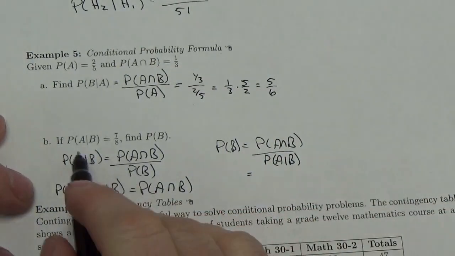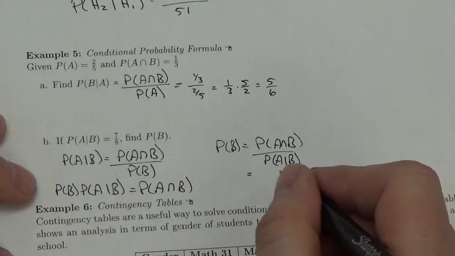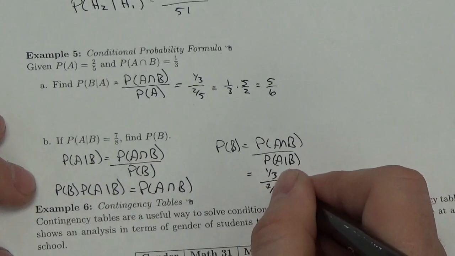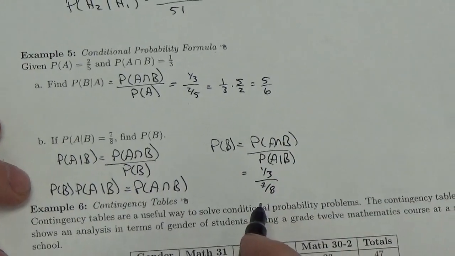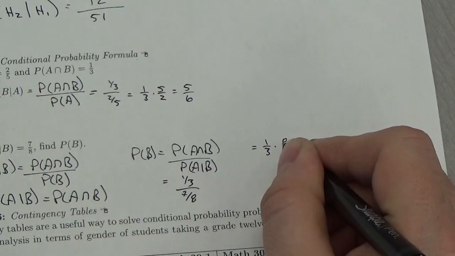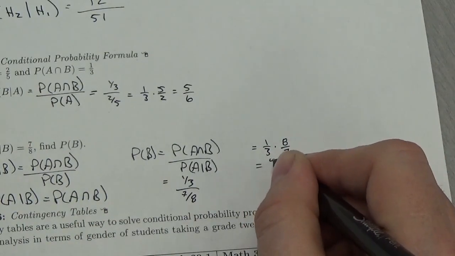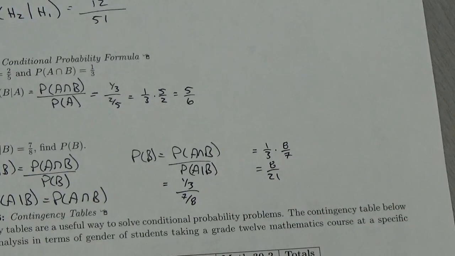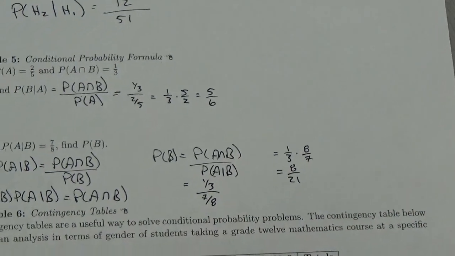Okay? Now, I already know that the intersection was 1/3. And here we're told that that conditional probability is 7/8. So now that's going to be 1/3 multiplied by 8/7, or 8/21. That's the probability that we're looking for.